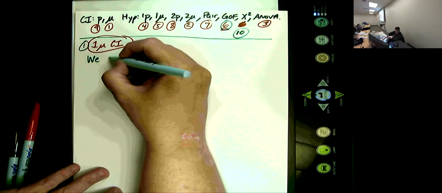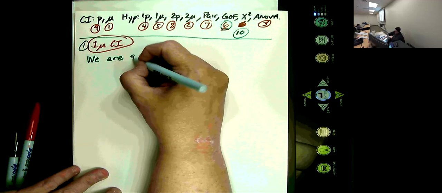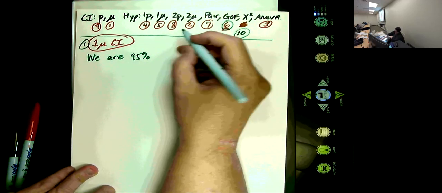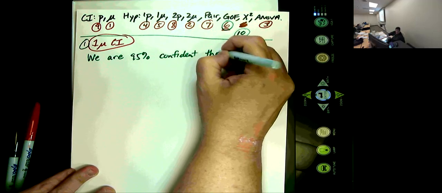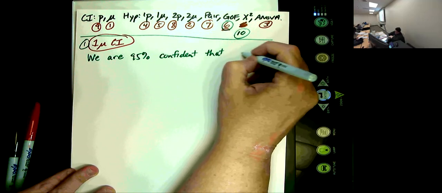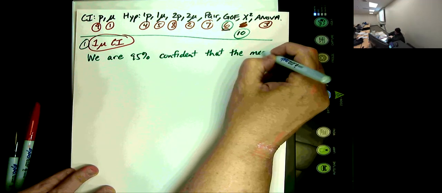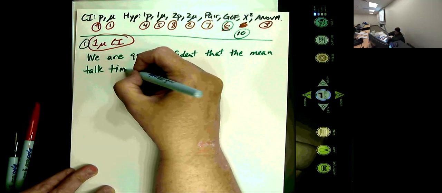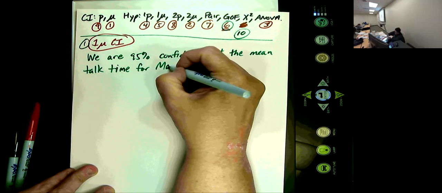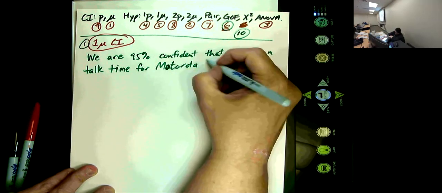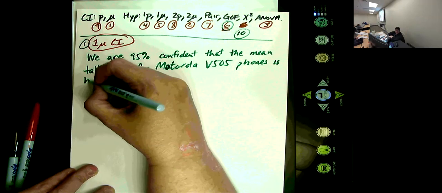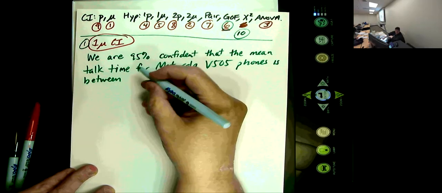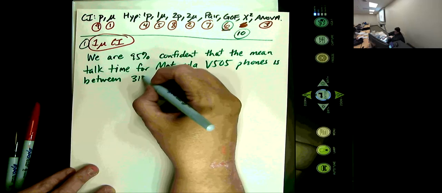We are 95, is it 95%? Yeah, it says 95%. Always check what confidence interval it says. We are 95% confident that the mean talk time for Motorola V505 phones is between, it gives me the lower limit, 314.35.